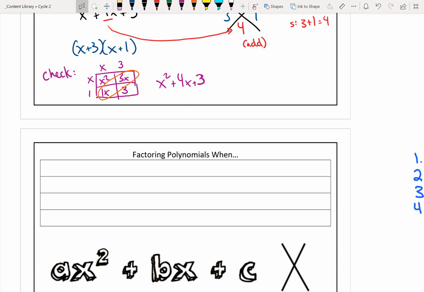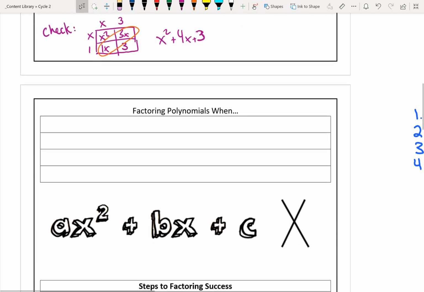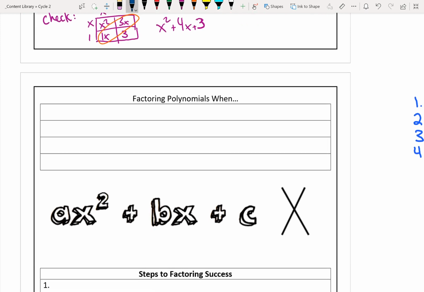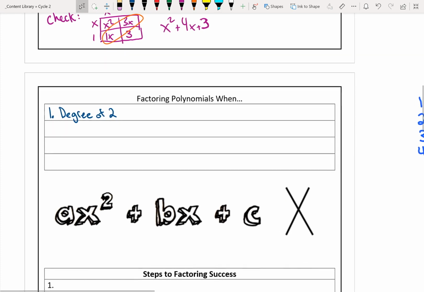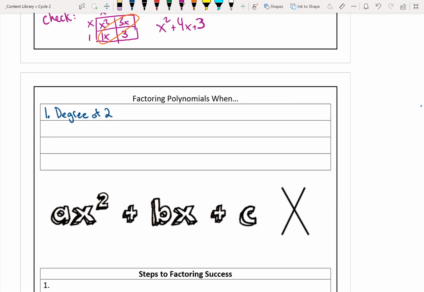The second example that we're going to look at is slightly different because now we have an a value in it. The steps that we're looking at now are going to be for when our polynomial has a degree of 2, which means it's quadratic.